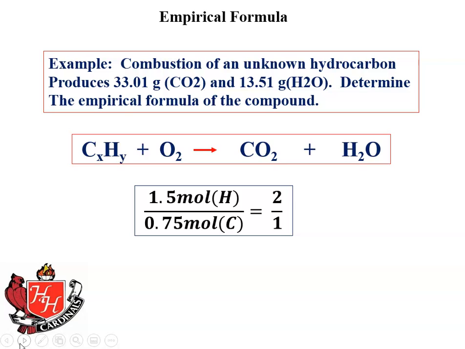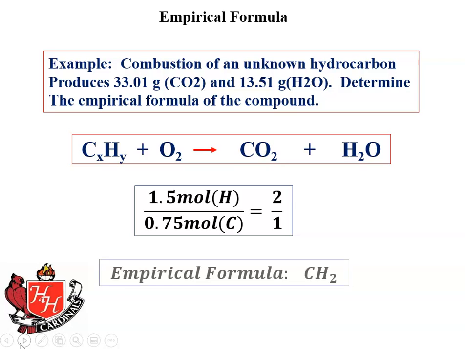So now you go up to 4. 4 times 1.5 is 6 exactly, and 4 times 0.75 is 3 exactly. Those are whole numbers. So that's a 6-to-3 relationship, or just like reducing a fraction, you reduce it down to 2-to-1. But I think this one was simple enough that we didn't have to do that process. So 1.5 over 0.75 is a 2-to-1 relationship. So you have twice as many moles of hydrogen as carbon. So the empirical formula is CH2.